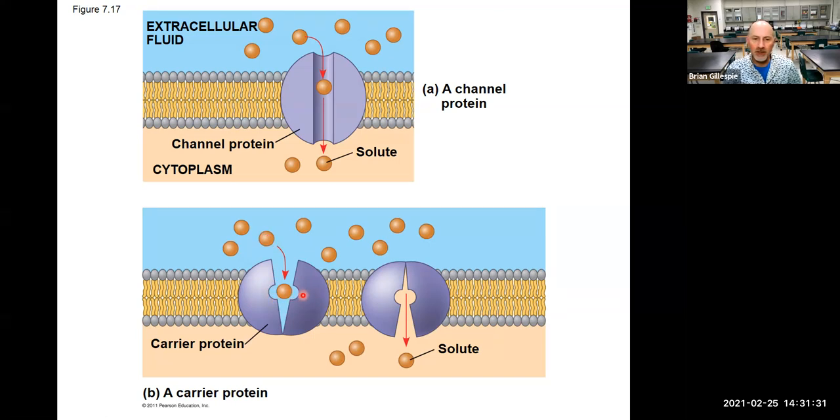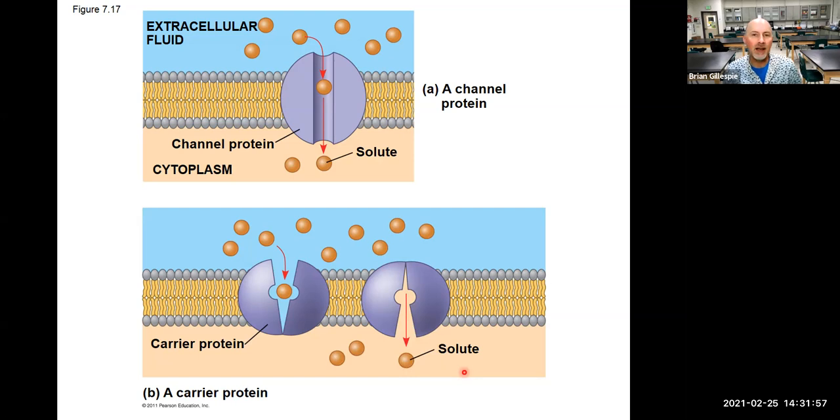So there's a specific contour to the shape of the protein that matches this particular molecule. Other molecules will not fit this shape, and they won't activate the carrier. It's only the shape of this molecule that allows it to bind. And once it attaches, the protein changes its shape to close the outer opening and instead open up to the inside and release the solute to the inside.